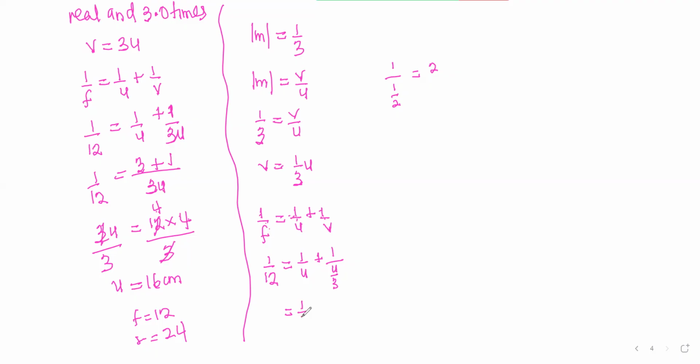So 1/U plus 3/U, equal to 1/12. LCM is U. The numerator will be 4. So we have 1/12 equal to 4/U. U therefore is equal to 12 times 4, which is equal to 48 centimeters. So here our object distance will be equal to 48 centimeters.